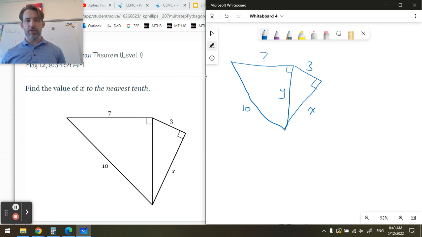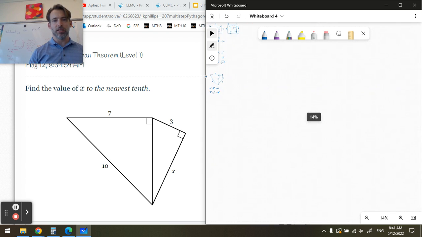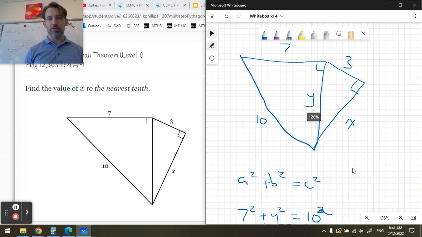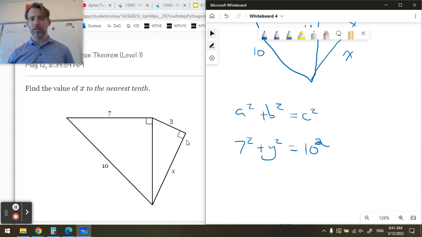I know that a squared plus b squared equals c squared. So I can put in 7 squared plus y squared equals 10 squared. Okay, so I know this is going to be true because that's my first triangle. So let's go ahead and solve that one.